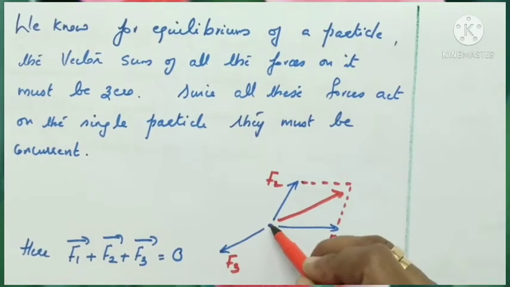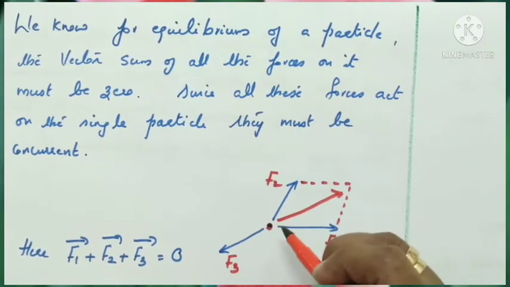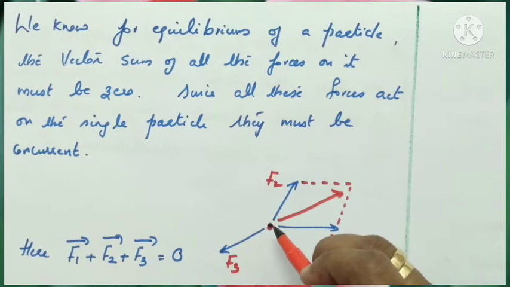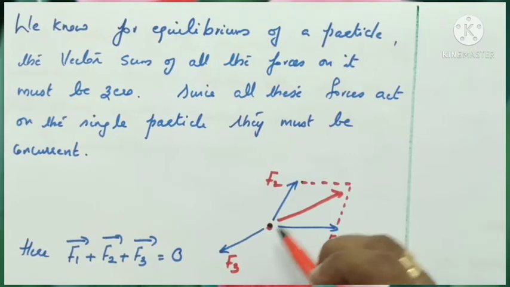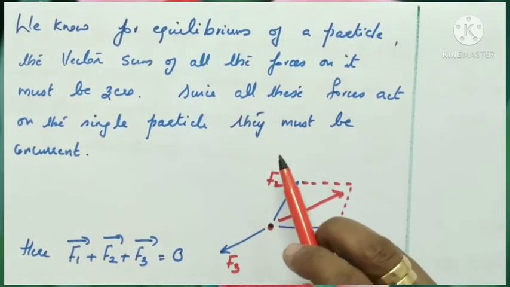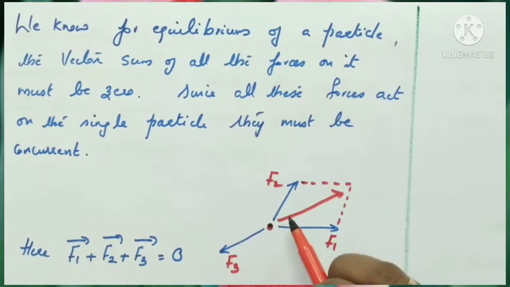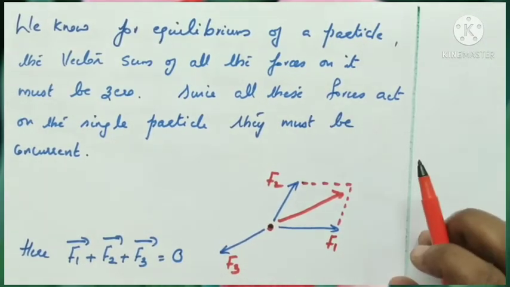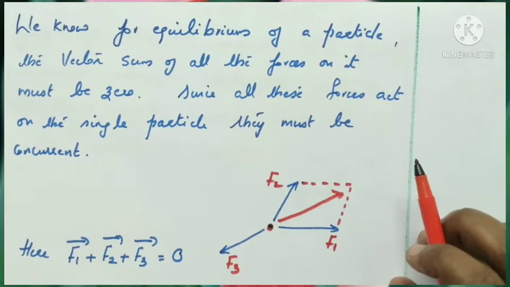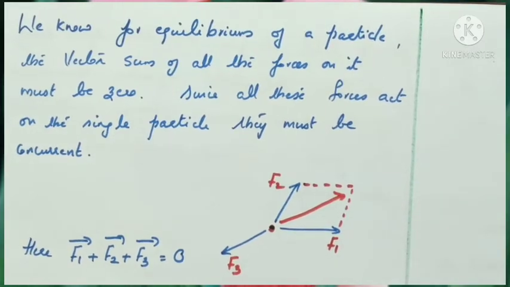Now we can see that this particle is in translational equilibrium because net force acting on the particle is 0, and hence the particle is at rest. Since all the forces are acting on a single particle, the forces are concurrent. So this we have already studied in the chapter laws of motion.